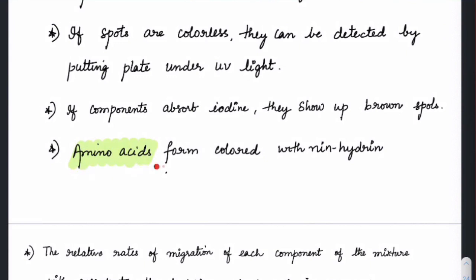And to show that amino acids look a little bit colored, we can use ninhydrin. Ninhydrin is this compound. So this was asked as an objective question, like which will help to distinguish. Yeah, this is ninhydrin. Ninhydrin is a keto compound. So this would help to give color on amino acids.